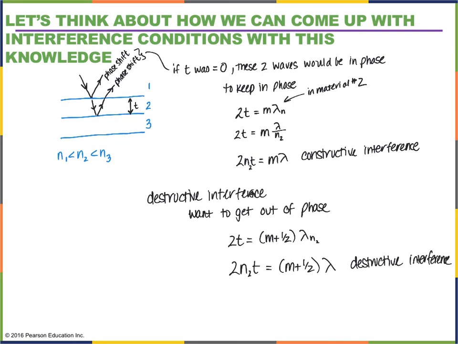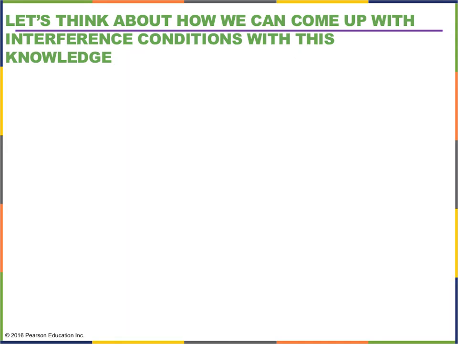So we have these two conditions for this scenario. But let's go and look at a different one. What if we come up with a scenario where now we have 3 layers?